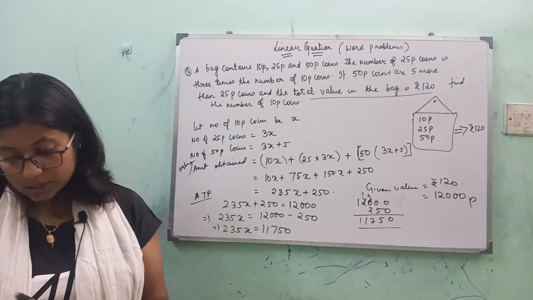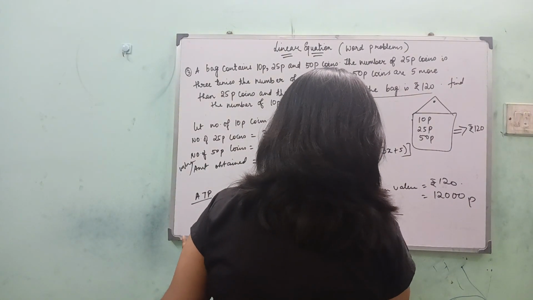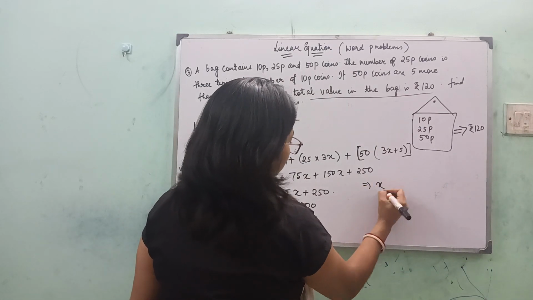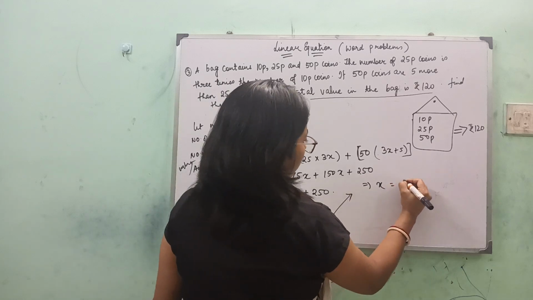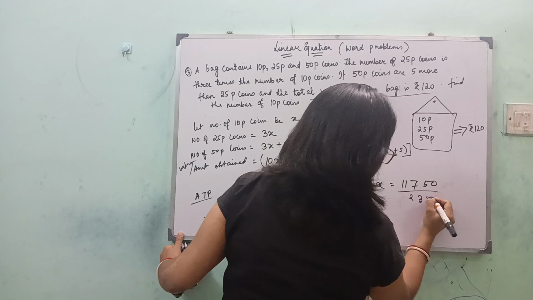Now let's calculate this. So x will be equal to 11750 by 235.